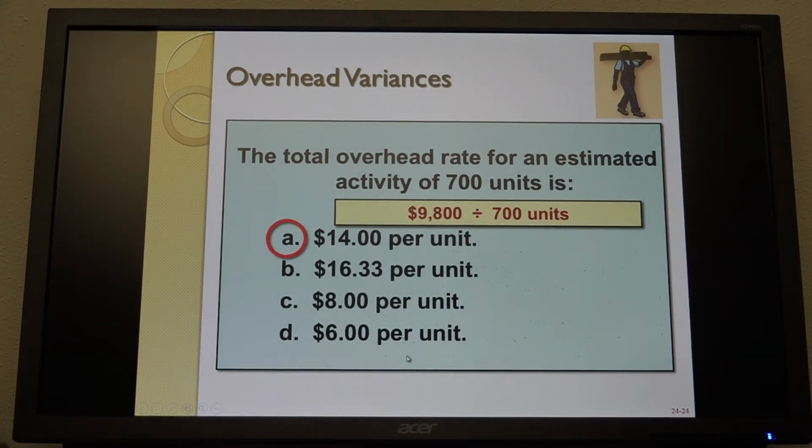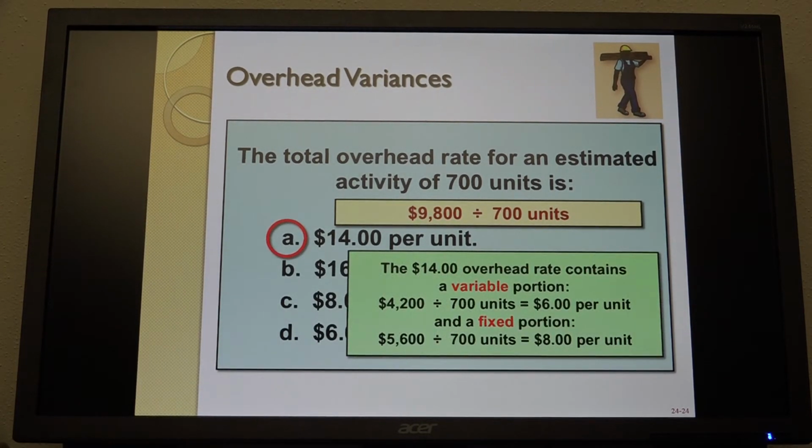And so the total overhead rate for an estimated activity of 700 units is $14 per unit, which is determined by taking the 9,800 and dividing it into 700 units.